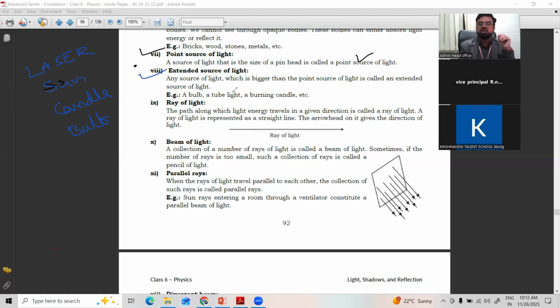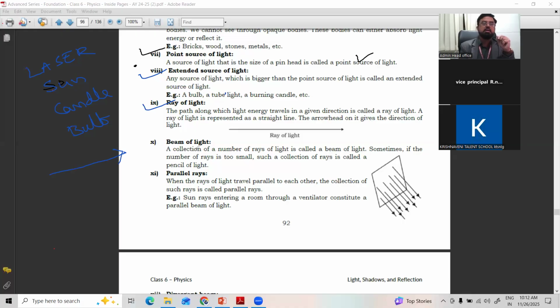Then extended source of light. Any source of light which is bigger than the point source is called an extended source of light, like a bulb, tube light, and burning candle. Ray of light. Ray means one line.